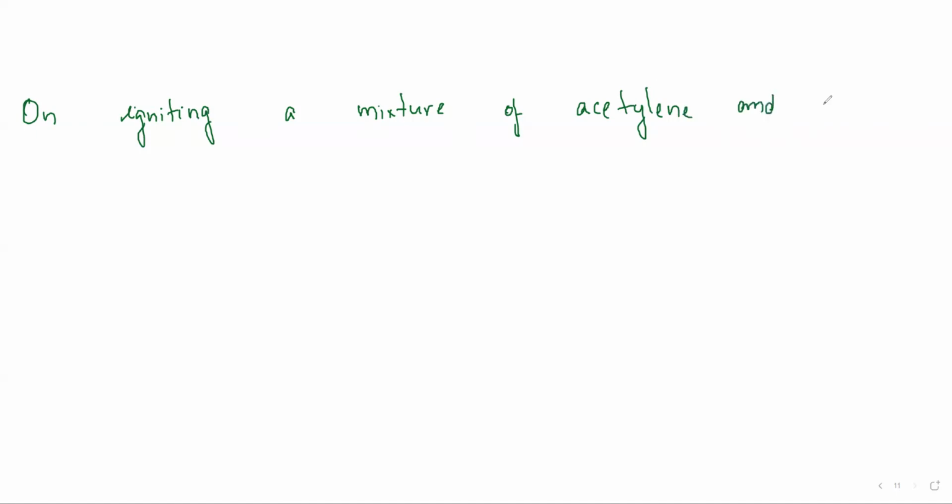Next one is on igniting a mixture of acetylene and oxygen. Okay, so let me write the question. On igniting a mixture of acetylene and oxygen, 200 centimeter cube of carbon dioxide is formed.